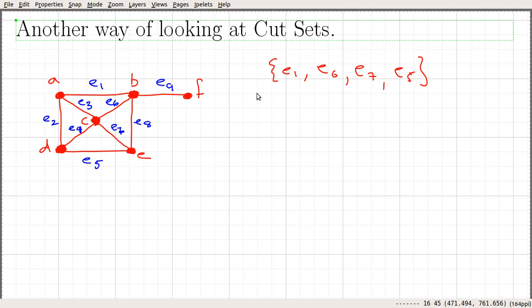We saw that if you remove this particular set of edges from this graph G, we get this disconnected graph.